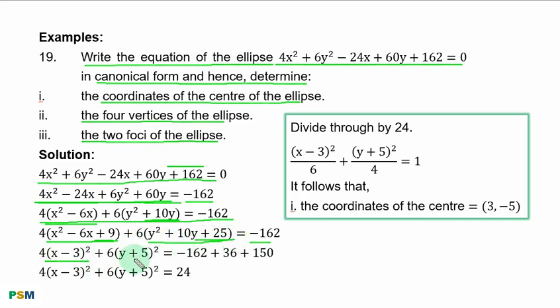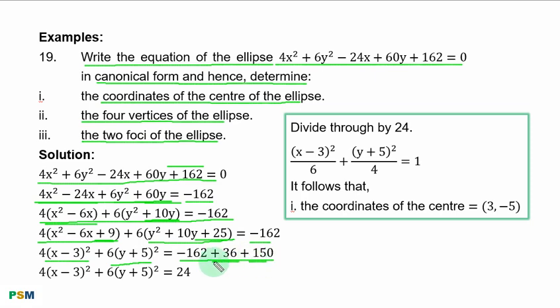Factorize from here, you have this result. Factorize from here, you have this result. We added 9 and 25 respectively in order to factorize. You have to add the same values to the right hand side in order to have a balanced equation. But this 4 is part of the terms containing x, so you have 4 times 9, 36, you add it. 6 times 25, 150, you add it.